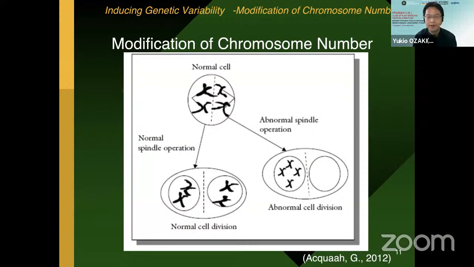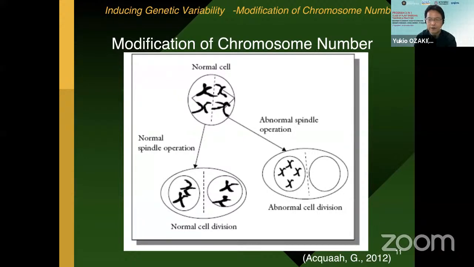New variability may arise naturally through modifications in chromosome number as a result of hybridization between unidentical genotypes or abnormalities in the nuclear division processes, that is, spindle malfunction.